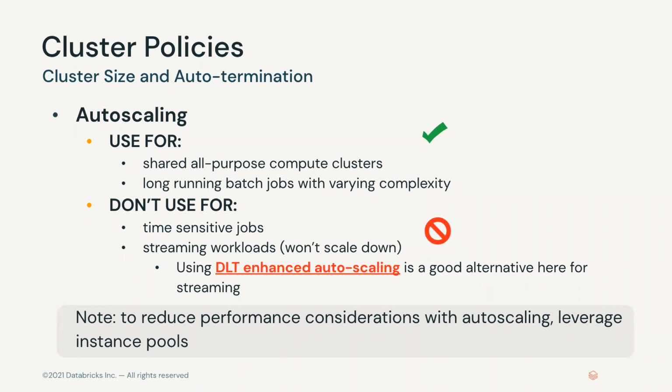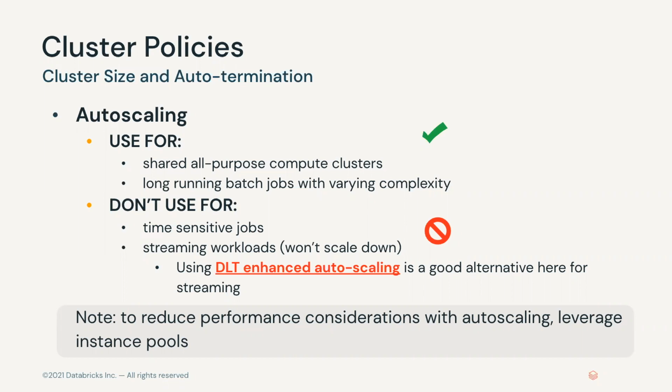So then you should figure out, well, what is the actual amount of nodes that's needed to run that job, and then have that setting there without auto scaling. And so as an administrator, we need to understand that difference, right? So that when we are giving those policies to a team that might be running time sensitive jobs, we make sure that we're not enabling or forcing them to use auto scaling when creating those clusters.